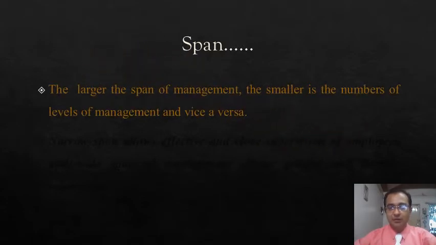Now, from both types of span of management, we have discussed that the larger the span of management, the smaller is the number of levels of management, and vice versa. Why is it so? Because in a larger span of management, that is a wide span, there are fewer levels of management, as a single manager is managing more subordinates.